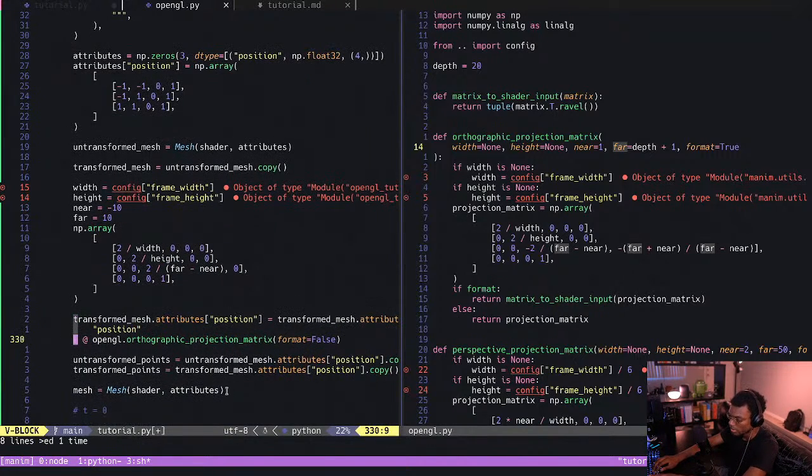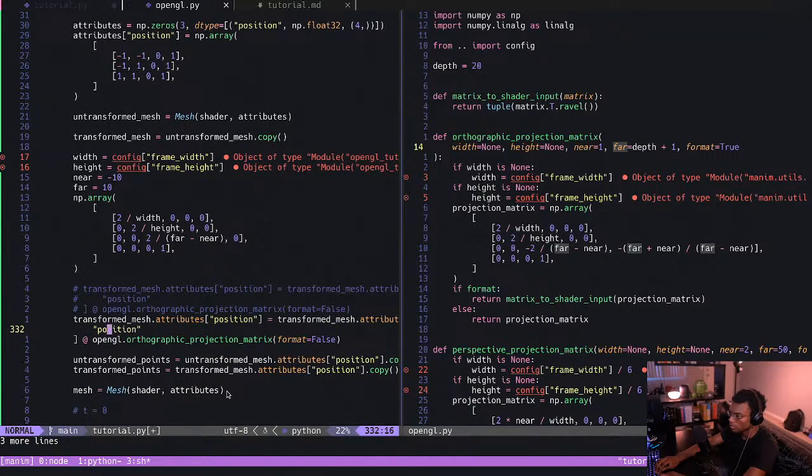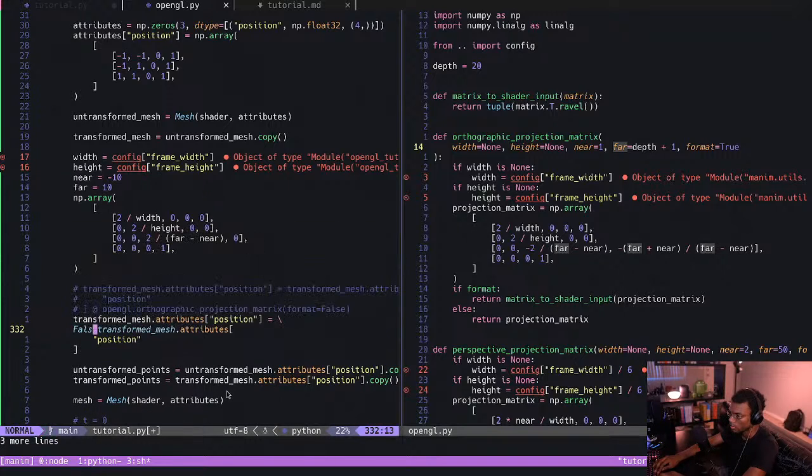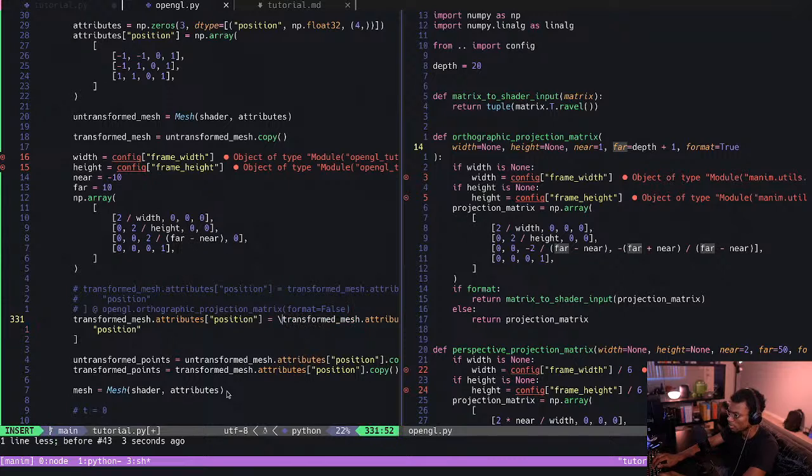And the transformation I want to do is I want to take these points and not put a false there.